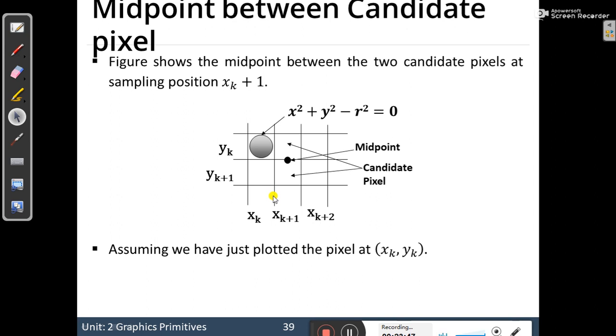So in this figure you can see, assume that we have just plotted the pixel xk, yk.